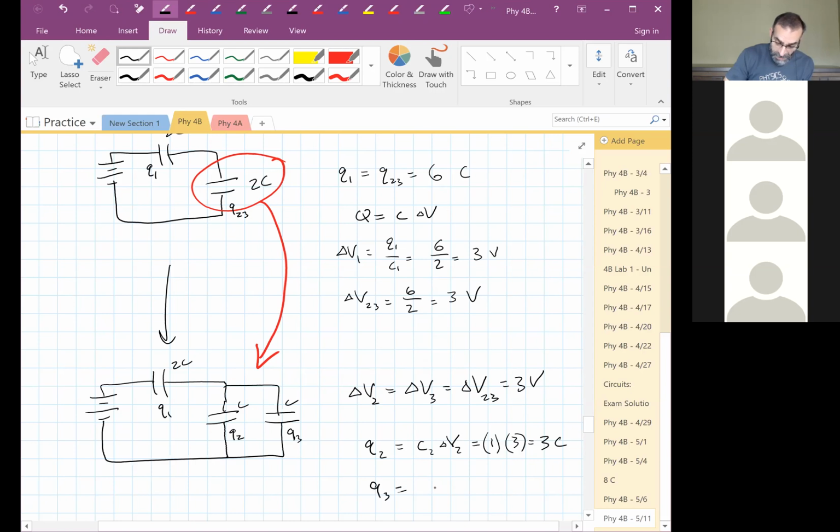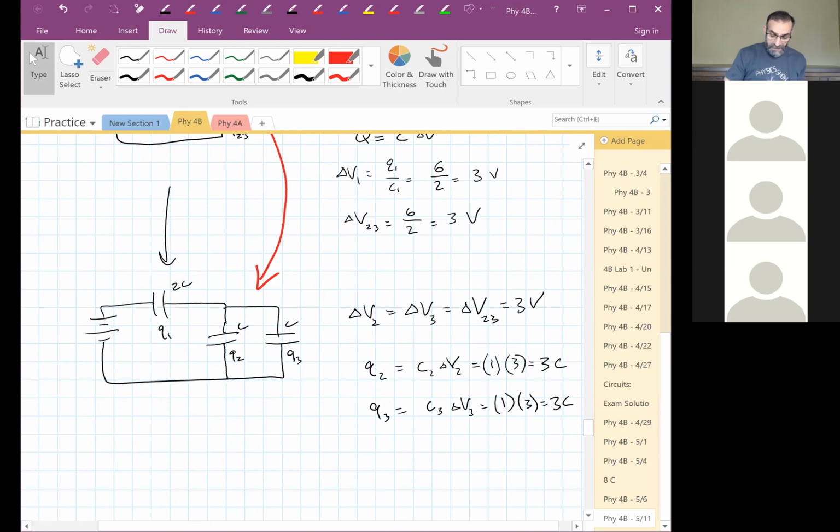And the other one also is going to have 3 coulombs, and 3 and 3 make 6, which is what is in the combined. So think about whether they add up properly. These two are in parallel, so the charge Q adds together to give you your total charge. And it seems to check out. So we've got everything. We've got delta V and Q for each of these capacitors.